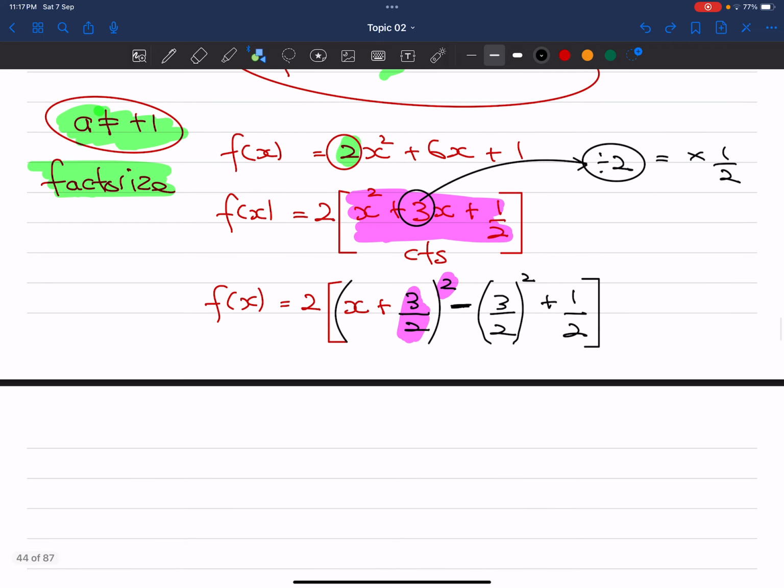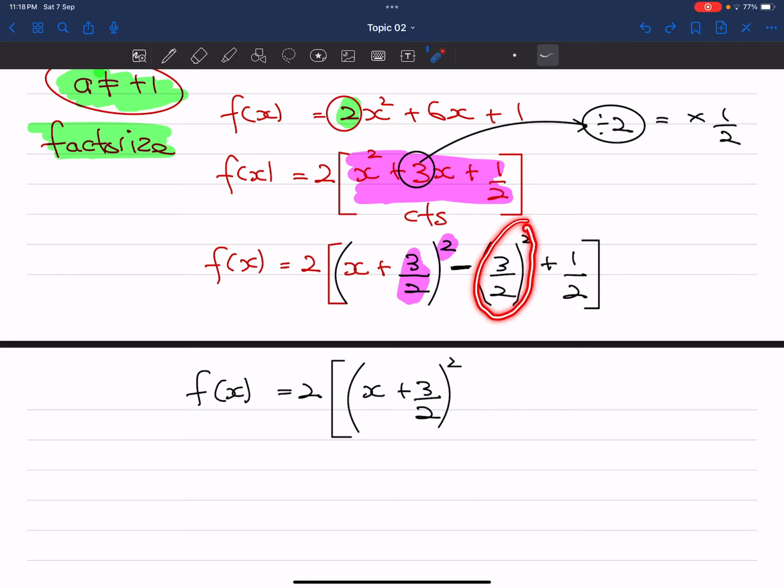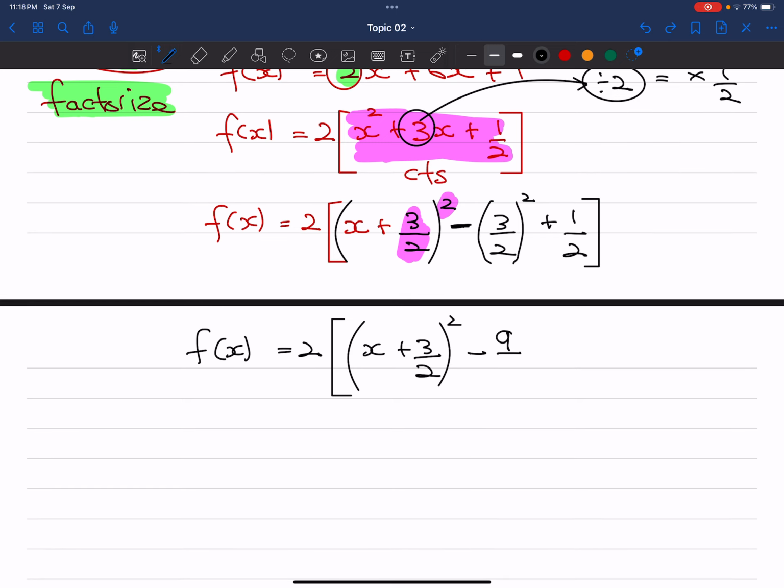Now we are going to continue inside the brackets, which is f(x) equals 2, the square brackets, and then the curly brackets. It was x plus 3 over 2, again curly brackets, square. Now we are going to do this. The 3 over 2 square, which is minus 3 over 2 square, you will get 9 over 4.